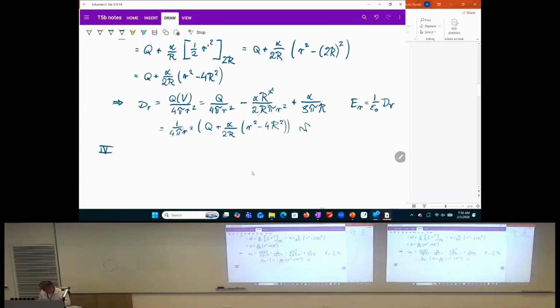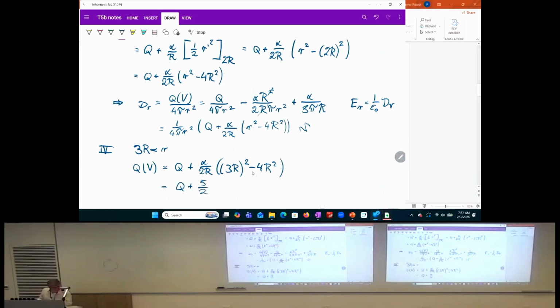region 4. That is where r is larger than 3R, and there your Q becomes the Q on the sphere, and then we have alpha over 2R, 3R squared minus 4R squared, and that is Q plus 5R.